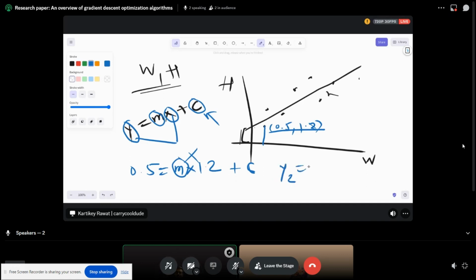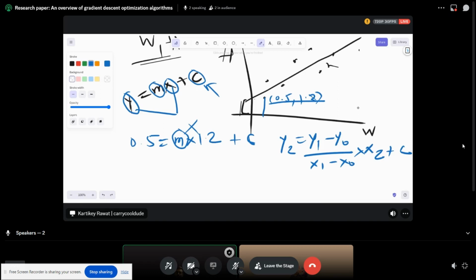So y2 is equal to m, consider y1 minus y0 divided by x1 minus x0, into x2 plus c. This is the basic understanding behind it, how we basically think in that format. But again, at the end of the day, this is the basic thing of how a slope works.